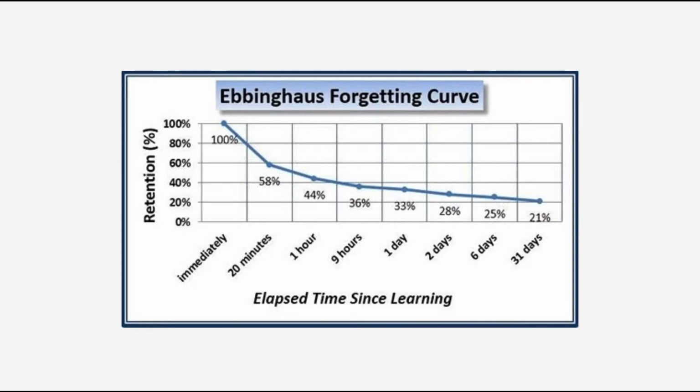And on the y-axis, you can see the percentage of retention. So you can see after somebody has learned something immediately, you've got pretty much 100% retention. After 31 days, you can see that drops to 21%. This happens if there is no intervention in between the point of the learning process, or the learning event, if you like.